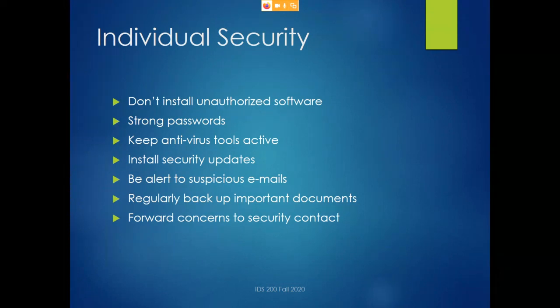Security updates. One of the things we often see is that when security updates happen, they're not installed immediately. Typically, an organization will get large batches of security updates for all of its applications, and it'll maybe schedule one night during a week to install them on all the computers.